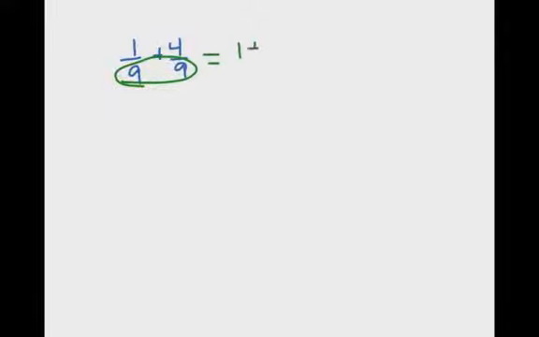So we'd have 1 plus 4 over 9, which would be 5/9. Or if we were subtracting, let's say we had 6/7 minus 2/7.